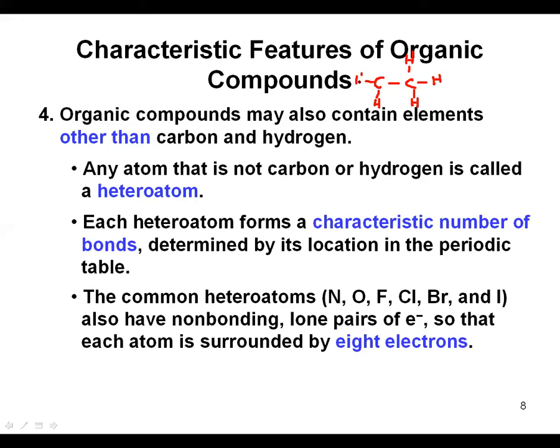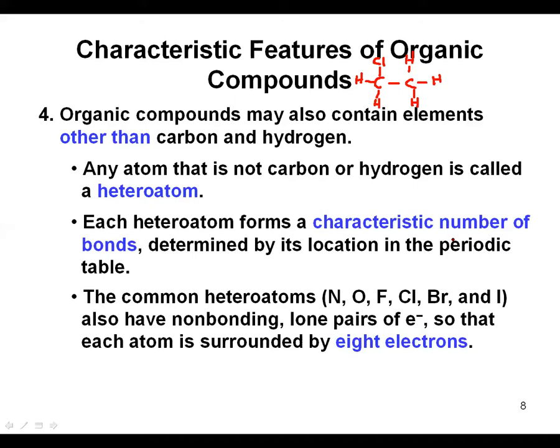For example, we could substitute out, say, Cl instead of hydrogen. And that gives us other types of organic compounds that have different characteristics because of what's attached.